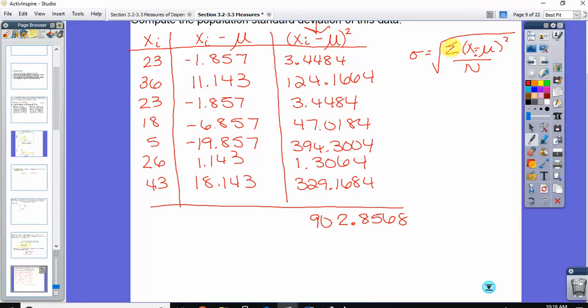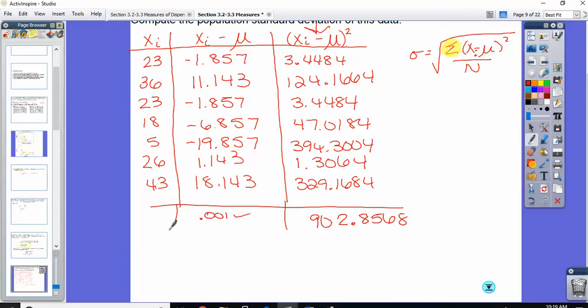If we add ours up, what does it give us? I get 0.001 when I add mine up, which is pretty close to 0 with rounding.